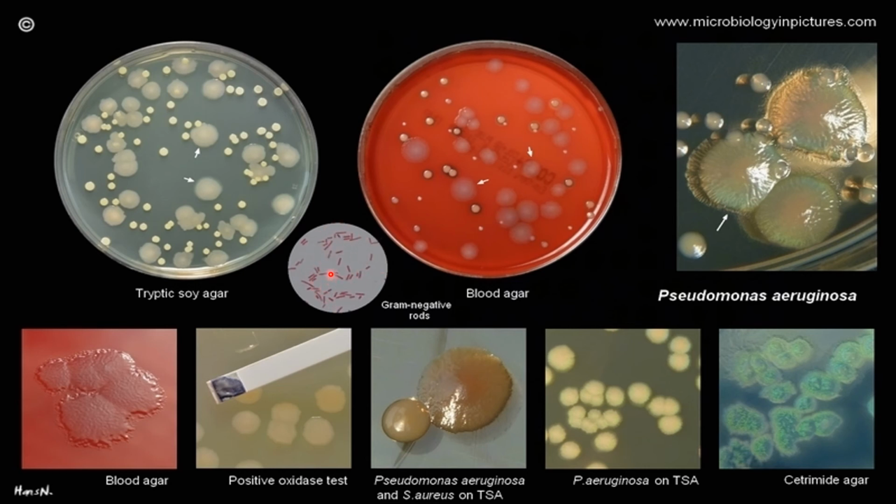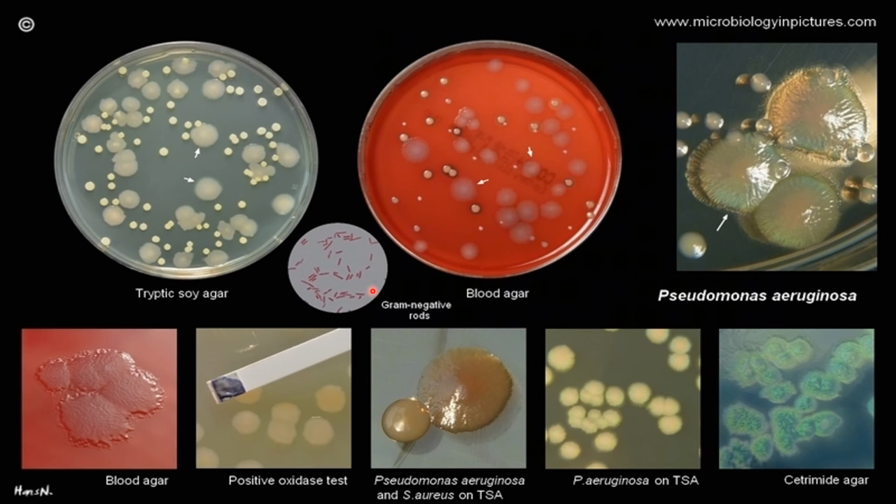And the thing is, they are known as pyocyanin or blue-green, pyoverdine or yellow-green, or pyorubin or red-brown producing strain. Okay, so it depends on the strain.